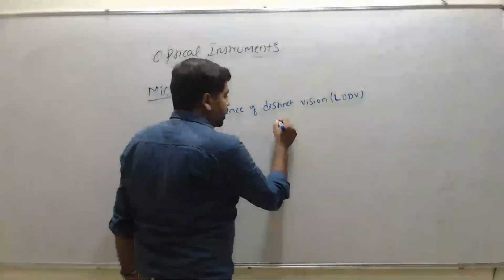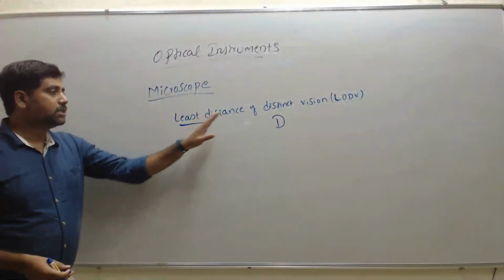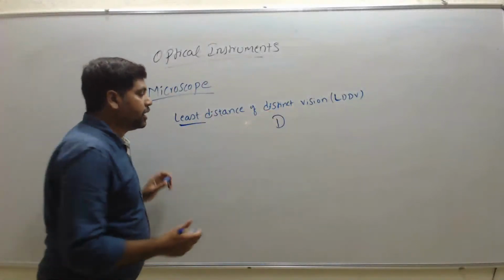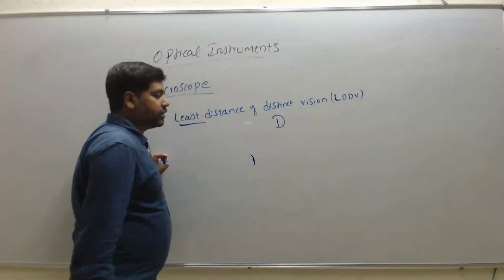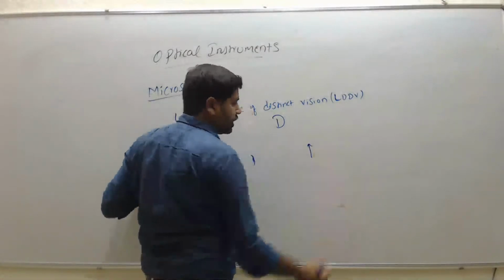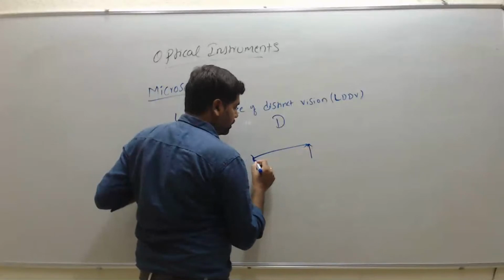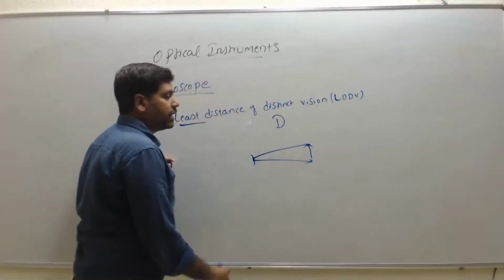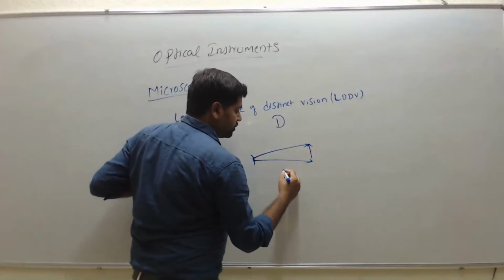It is denoted by the letter D. If the observer's eyes are here and we place an object somewhere here, he can see the object at a certain distance.